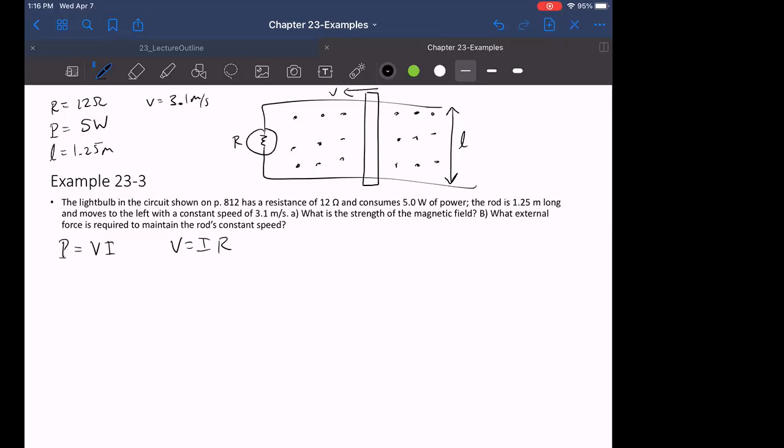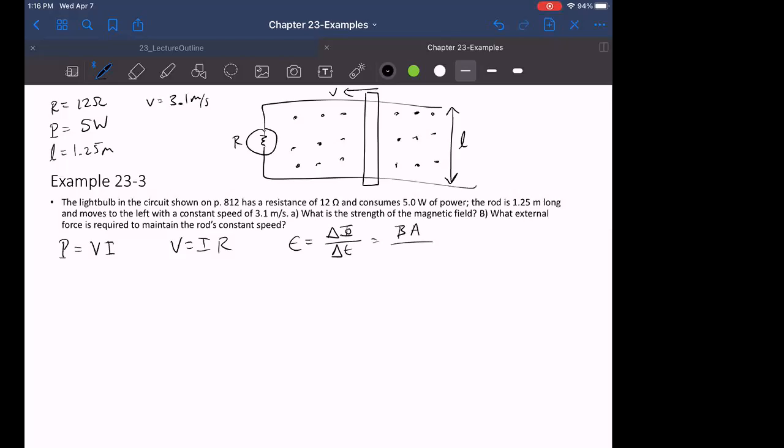So the EMF that is created is N, which is 1, times the rate of change of the flux, so delta flux per time. Now, the change in flux is B times A.